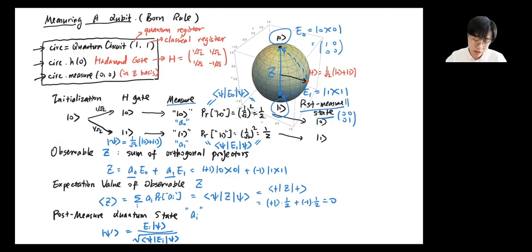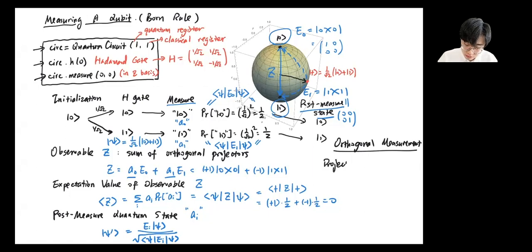Essentially, we have the projected state in the numerator and a normalization factor in the denominator. And in fact, this is a general formalism to describe orthogonal measurements, where we specify a set of orthogonal projectors E sub i that satisfy the following criteria.